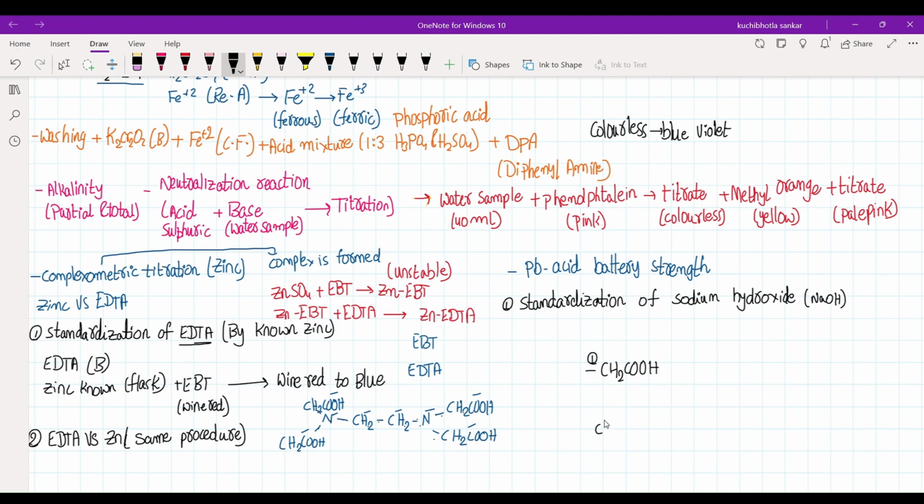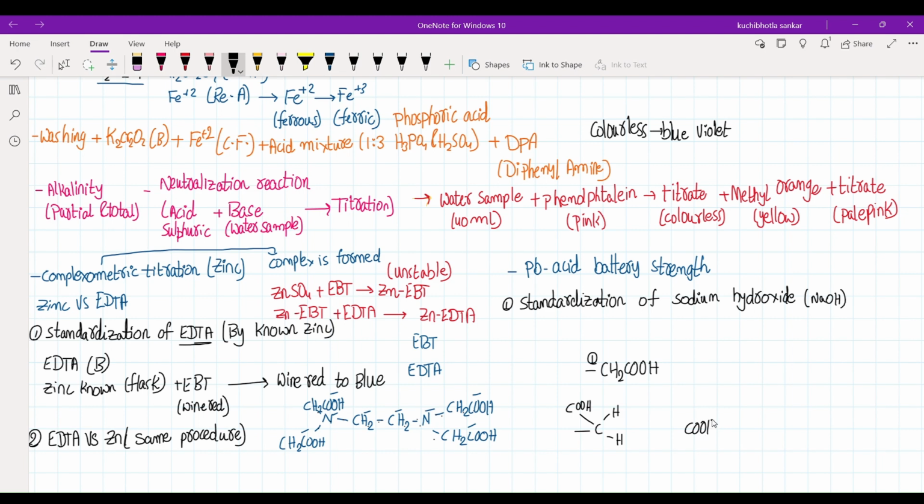Okay, I think I need to elaborate it. CH2 and 1 is satisfied here, and COOH, it is a functional group with valency of 1. So for this C, the 4 are satisfied.